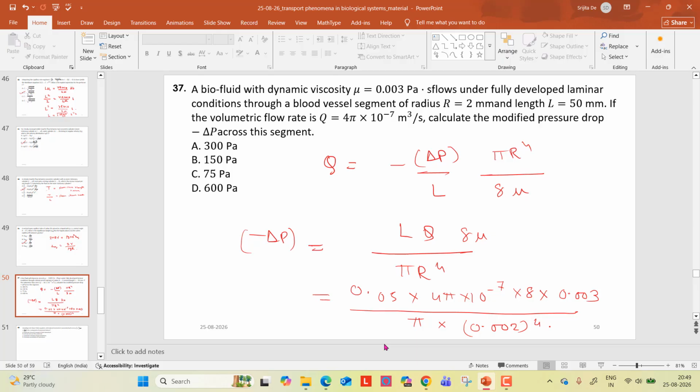So 8 into 0.003 into 0.05 into 4 pi into 10 to the power minus 7 divided by pi into... Am I missing any calculation here? Let's do it again.